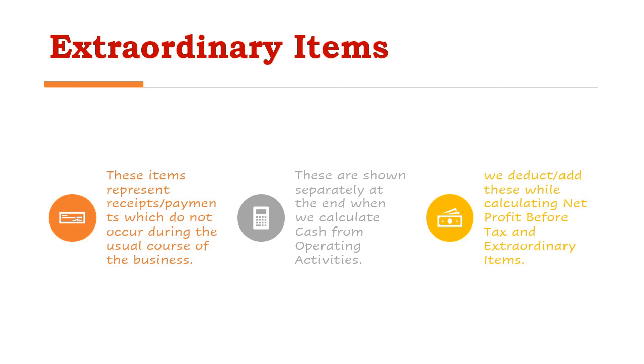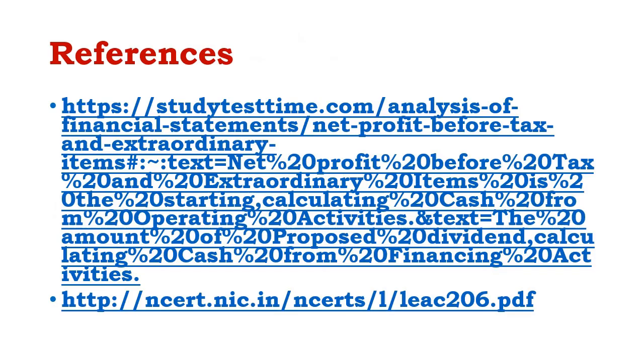These are expenses or incomes which are not the result of operations of the business. These are shown separately at the end when we calculate cash from operating activities. We deduct or add these while calculating net profit before tax and extraordinary items.